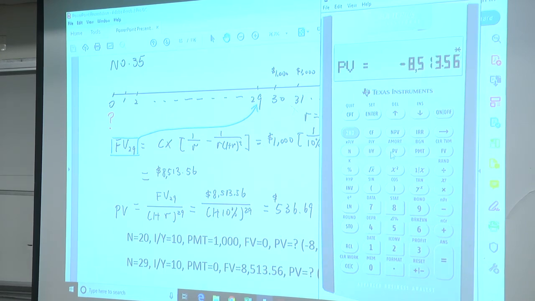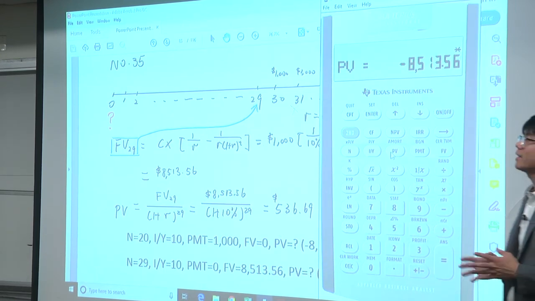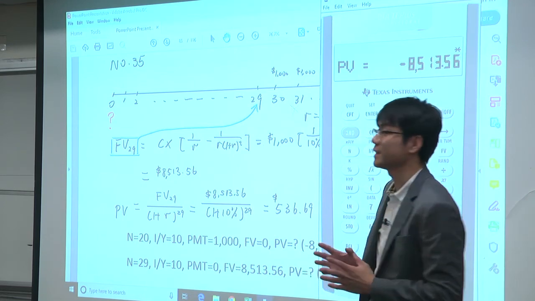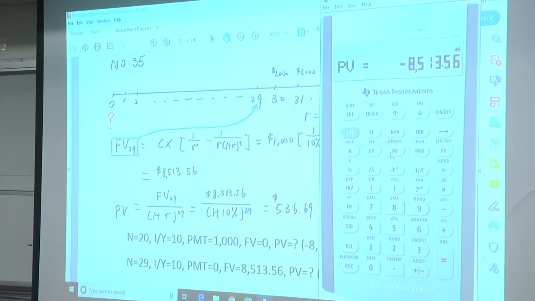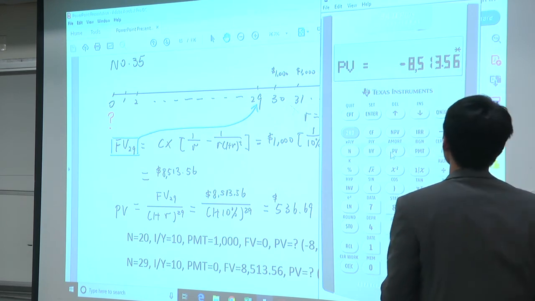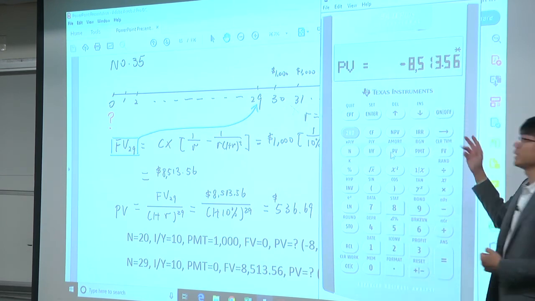But remember, this $8,513.56 stands for what? A standard annuity's present value. But is that the present value now, or a standard annuity? No. It starts at year 30. When the annuity starts in year 30, that number stands at the 29th, 1 year before the first payment. Now we discount this value 29 times.